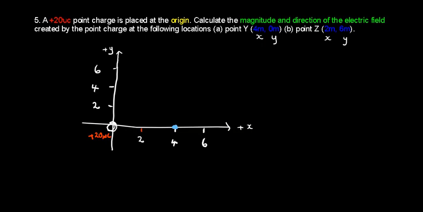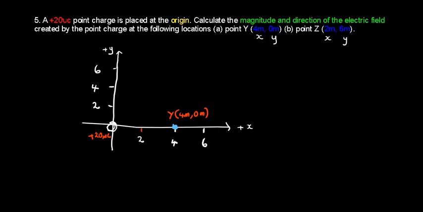The Y direction is also at this point because it's 0. So at this point, we have our point Y: 4 meter, 0 meter. So this is the coordinate.